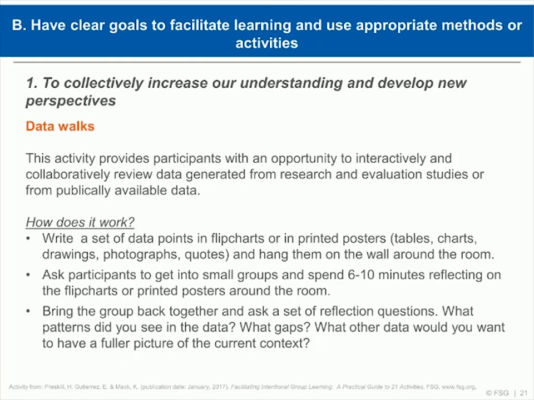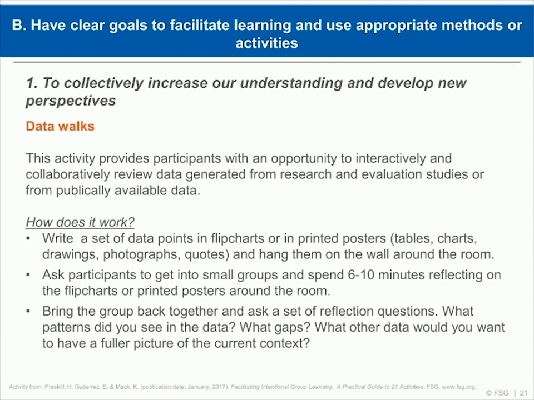This works perfectly, particularly with collective impact efforts that have a lot of people in participation in a meeting and want to have a collective understanding of data. This is a good activity for that.